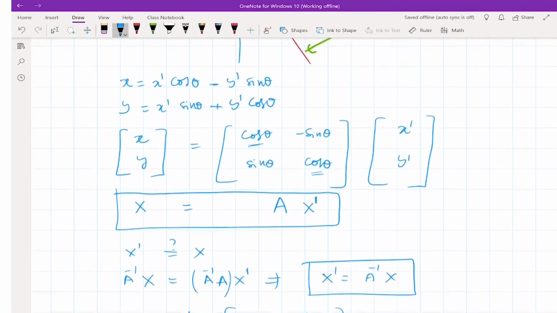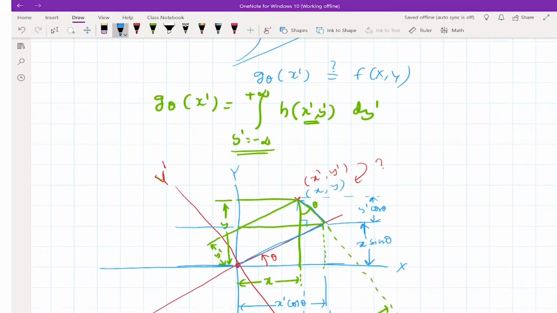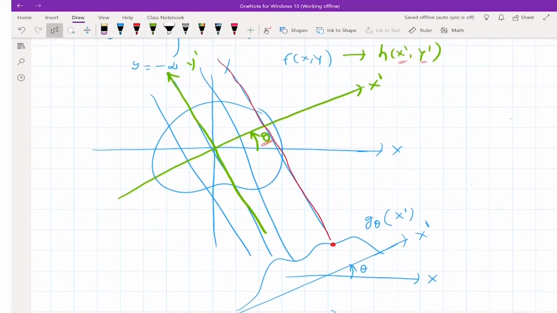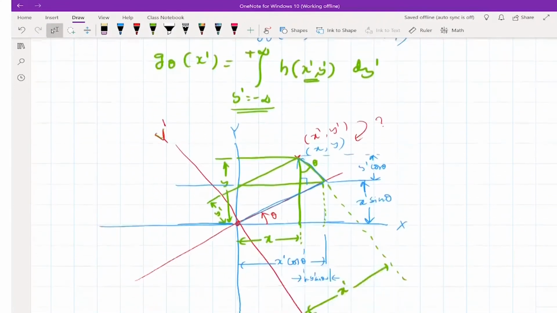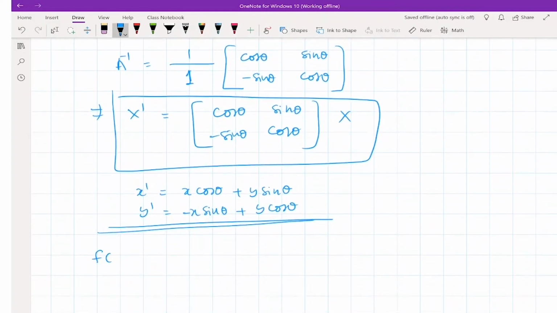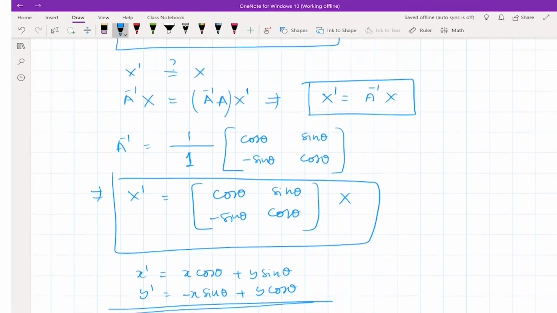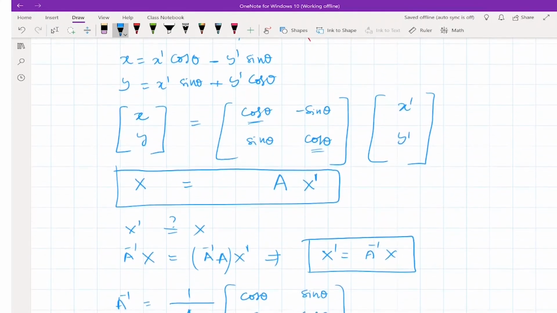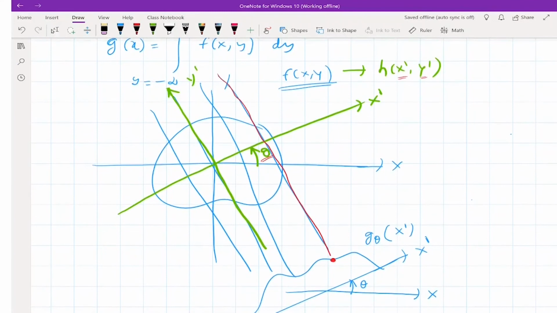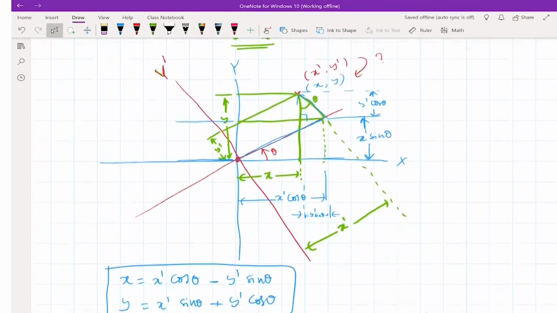Now let's come back to this equation. How do you express f of x, y now? I use the same thing here. f of x comma y, I could substitute these values, since x dash, y dash are obtained by rotating by an angle theta.